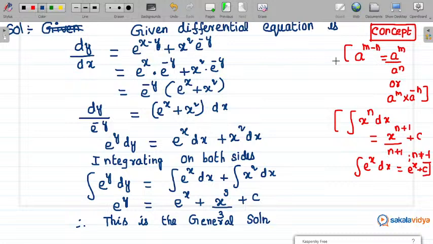E power x minus y, using a power m minus n is equal to a power m into a power minus n, this is e power x into e power minus y plus x square e power minus y.